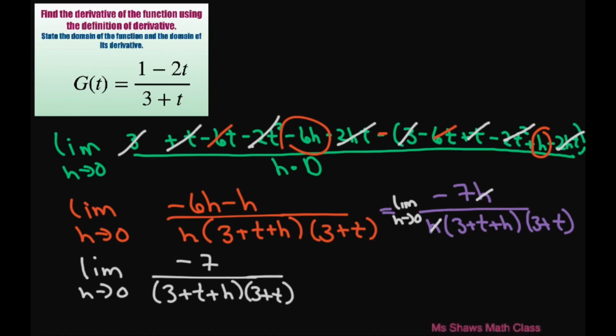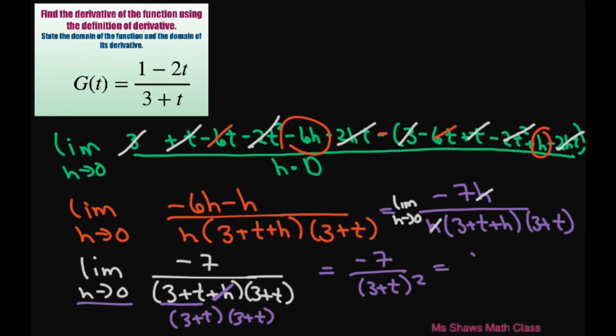When you apply the limit here, the h goes away, and we have 3 plus t times 3 plus t. So this is going to give me negative 7 divided by (3 plus t) squared. And this is your g prime of t.